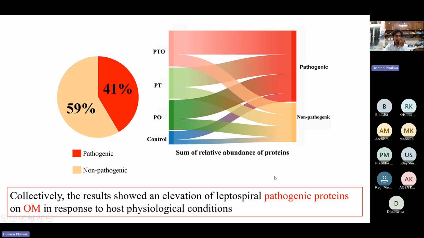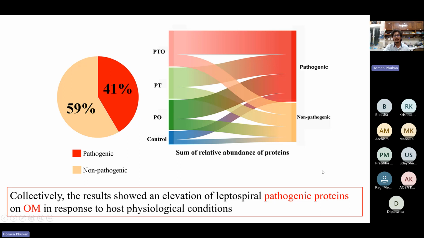And another thing, we have taken the 41 proteins for further analysis, which are common to all treatment groups. From there, we found that 41% of proteins were pathogenic and 59% were non-pathogenic. Even though this pathogenic percentage is less, some of their relative abundance was found to be higher in the pathogenic cluster compared to the non-pathogenic cluster.